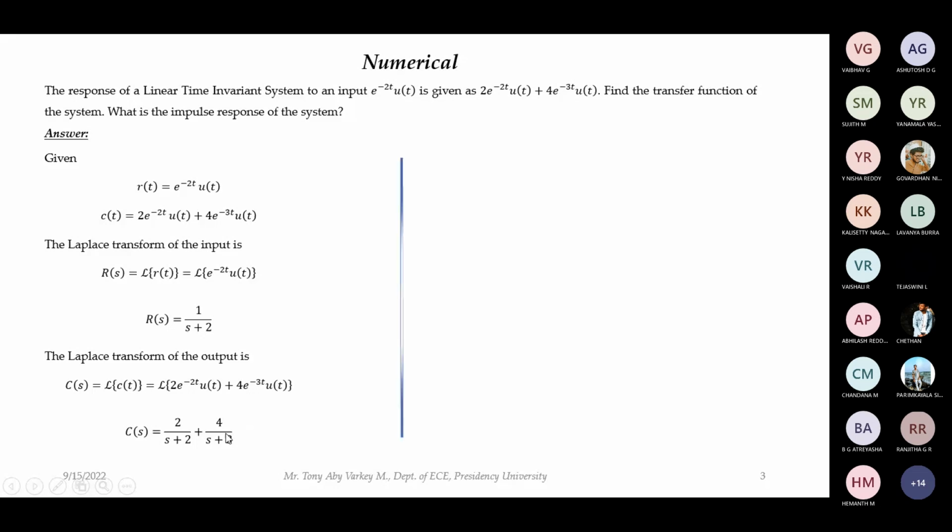So I can take the LCM. Can you quickly take the LCM and tell me what is C of s? You need not expand the denominator, just keep it as it is. Can you tell me the numerator? So take the LCM and quickly find out what is C of s.